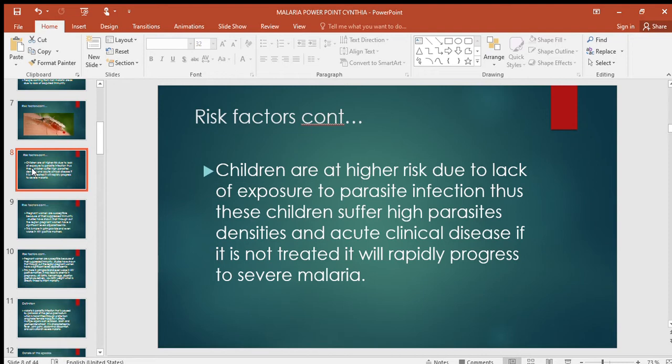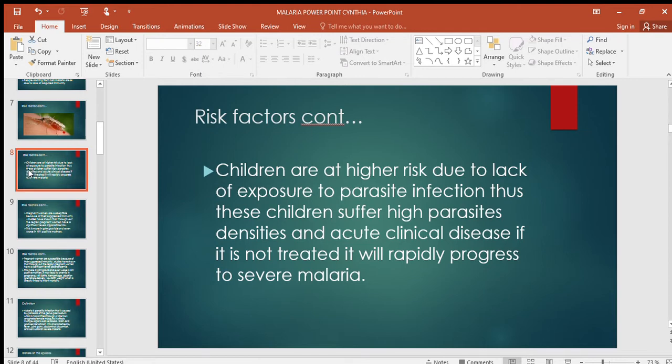More information on the risk factors. Children are at a high risk of getting malaria due to lack of exposure to parasite infection. These children suffer high parasite densities and acute clinical disease. If not treated, it will rapidly progress to severe malaria.